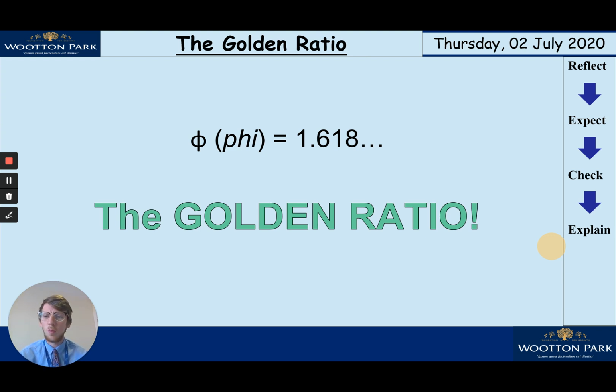It's a number that goes on forever, like pi, 3.141, with no pattern in the decimal places. This special number occurs in so many different places, like we've already seen with the spirals, but we're going to look at where it also occurs in art and in architecture too.